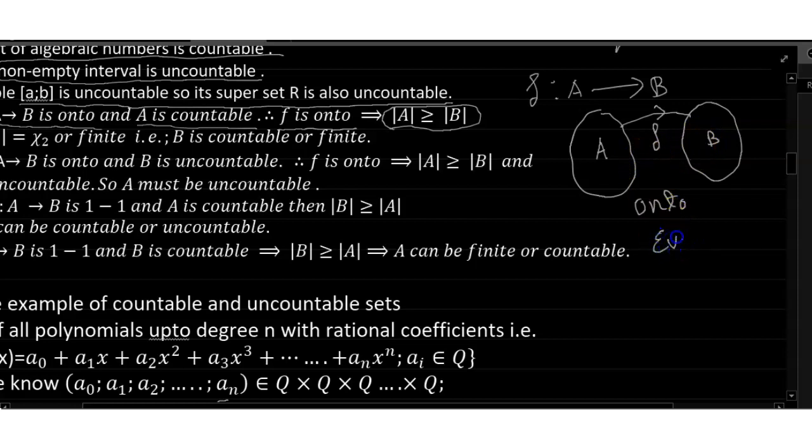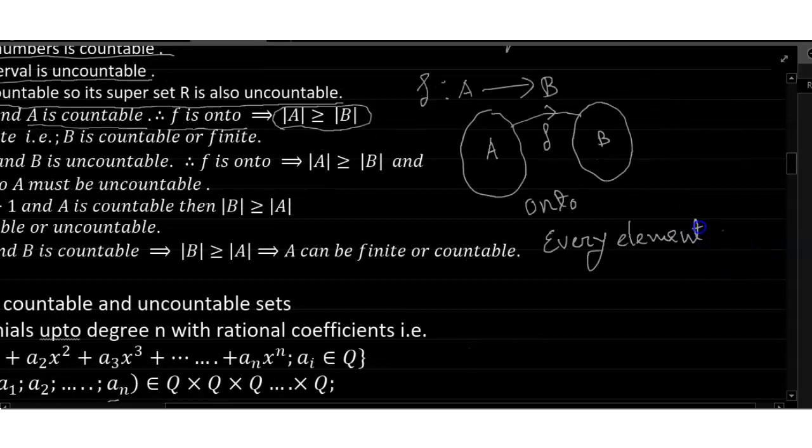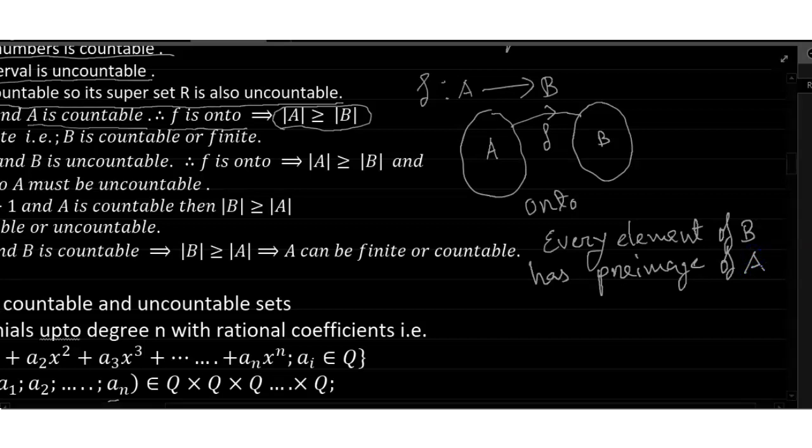Means every element of B has a pre-image in capital A.